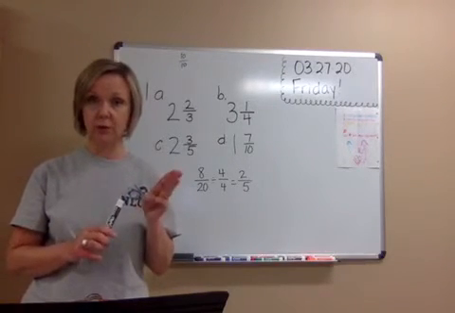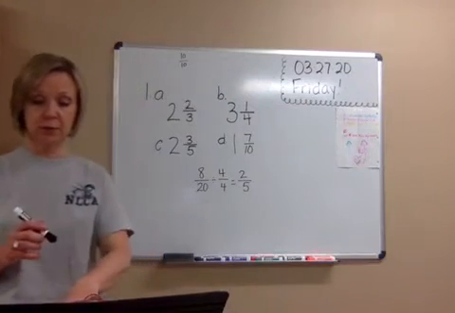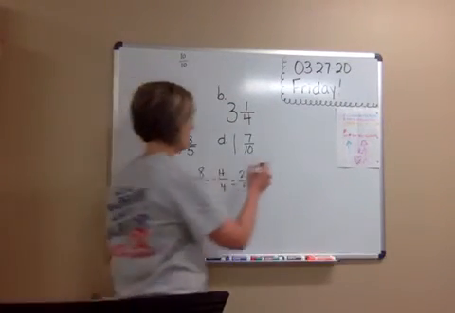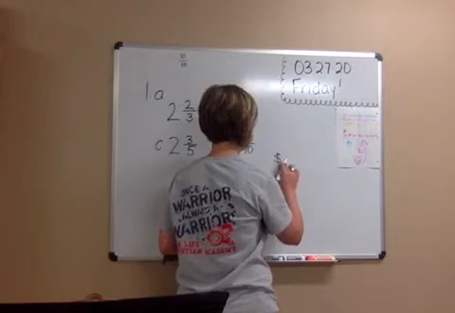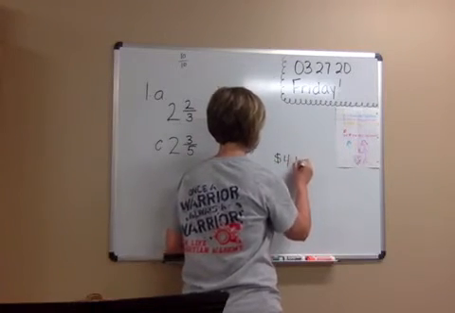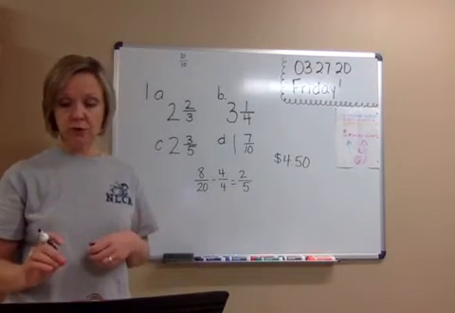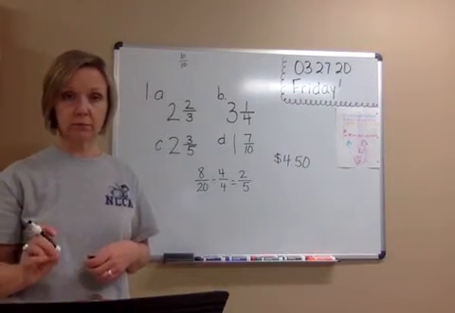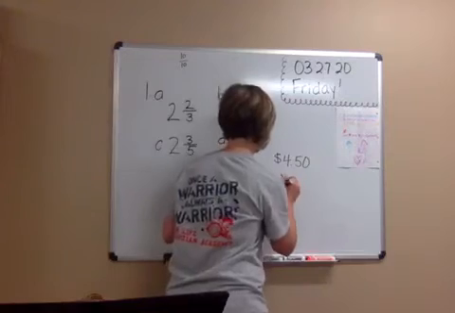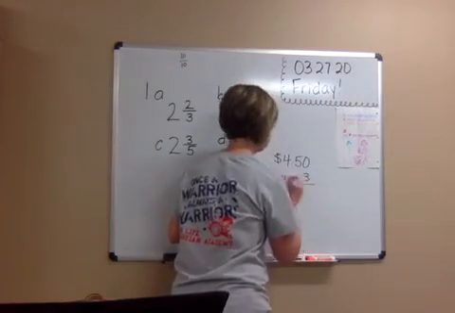He's working 3 hours. So your first step is you need to take the $4.50. He's getting paid by the hour. How many hours is he working? He's working 3. Okay?